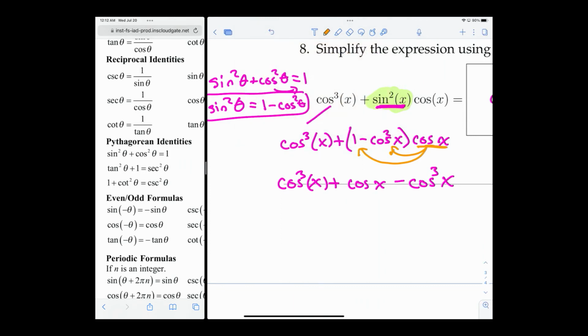And then you notice that you have a positive cosine cubed and a negative cosine cubed that cancel out. And you'll be left with cosine x. So there's more than one way to do that, but they all involve using that sine squared plus cosine squared is 1.